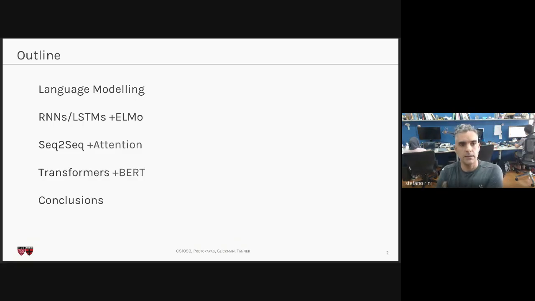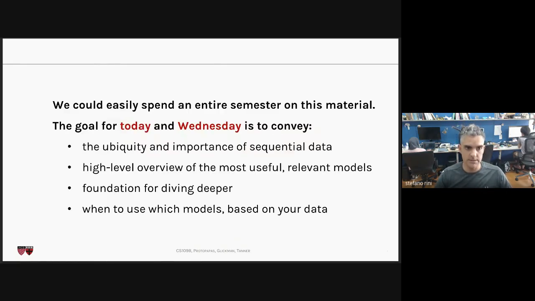So here is the outline. Remember that we finished RNNs, LSTMs, GRUs, right? So when discussing language, we will see this sequential view of NLP, and then we move on to some new architectures, which are transformers. The topic is very, very large, and this is an introductory bachelor course, so we can't cover it all.